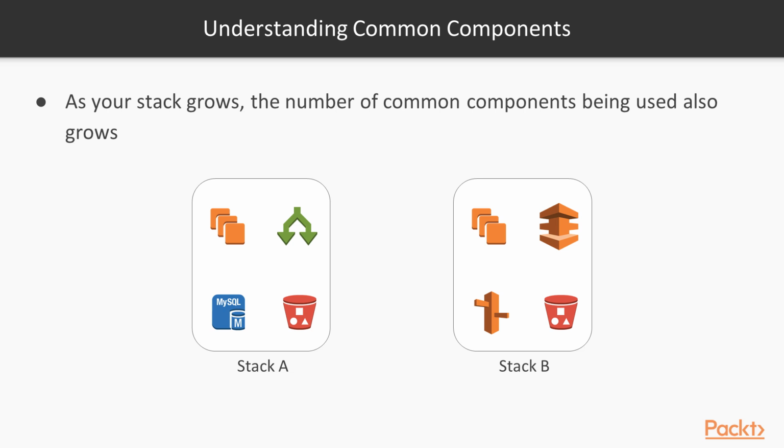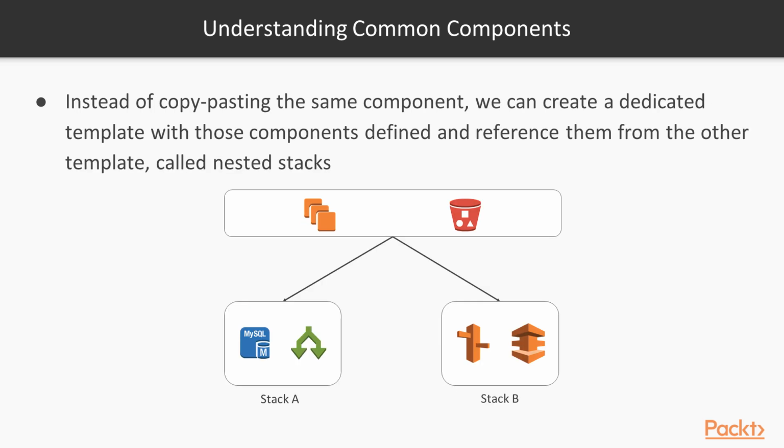So let's go ahead and understand what nesting templates are all about. Instead of copy pasting the same component, what we basically do is we dedicate a central template. So if you see over here, there was a common component of EC2 instance across Stack A and Stack B, and there was also a common component of S3 bucket across Stack A and Stack B. So what we did, we removed the EC2 instance component and we centralized it.